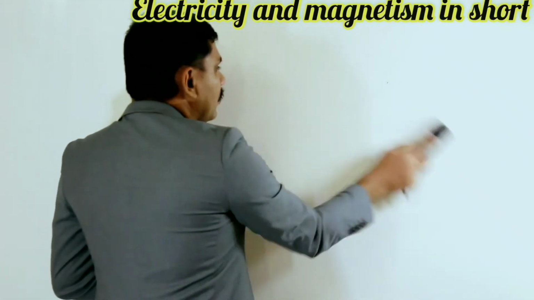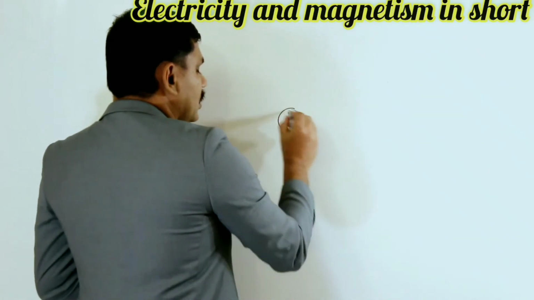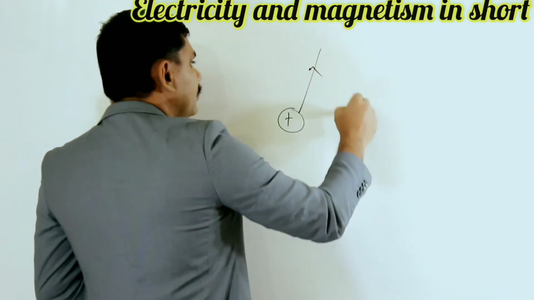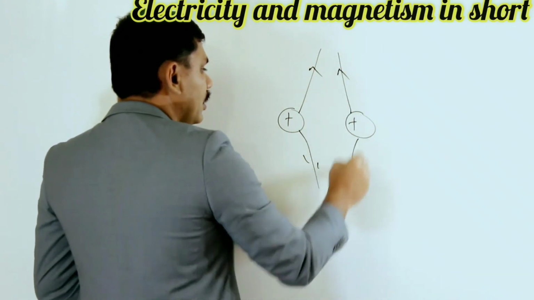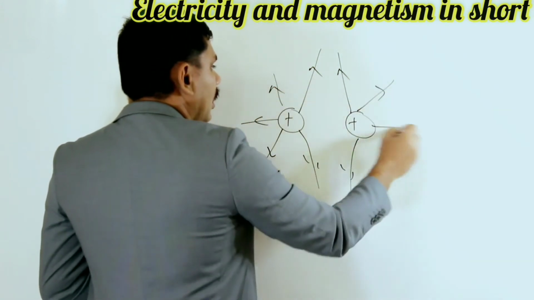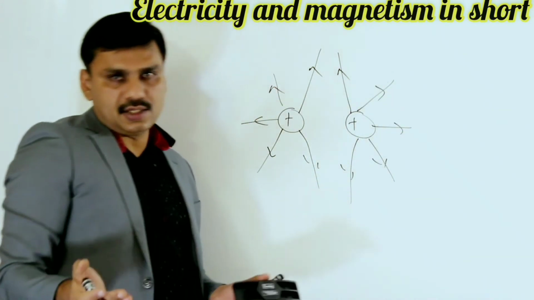If we consider positive charge, the field lines are outward and they will never meet.